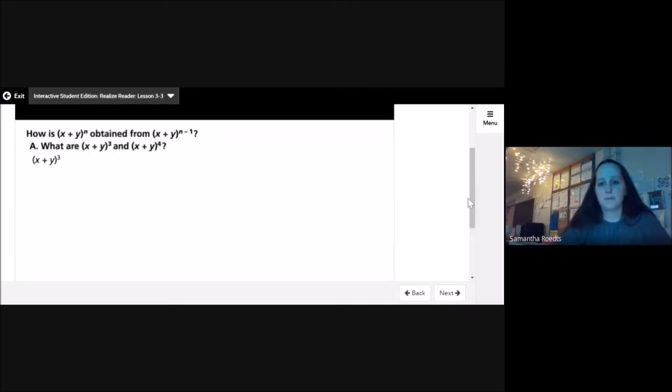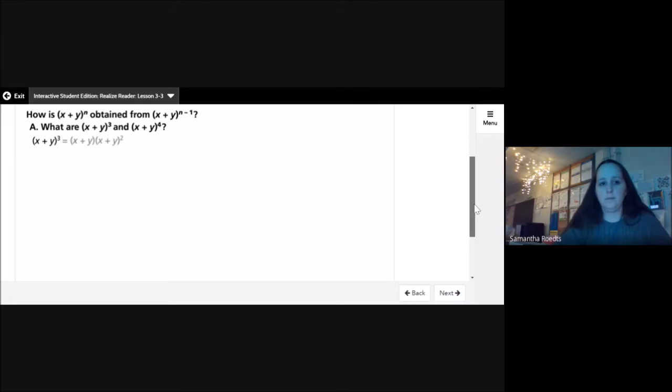X plus y cubed is x plus y times x plus y squared. Squaring x plus y gives x squared plus 2xy plus y squared. To multiply x plus y by the quadratic, you need to multiply each term of the quadratic by x plus y.